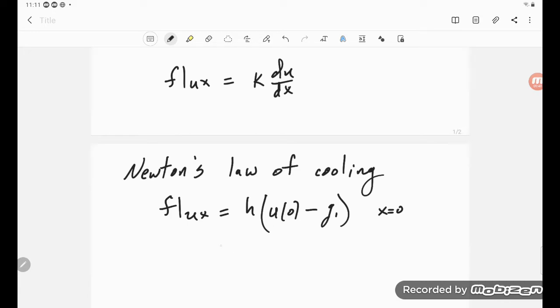And then at the other end, you've got flux is equal to h, actually they do a minus h, of u of L minus G2. So this is x equal L.